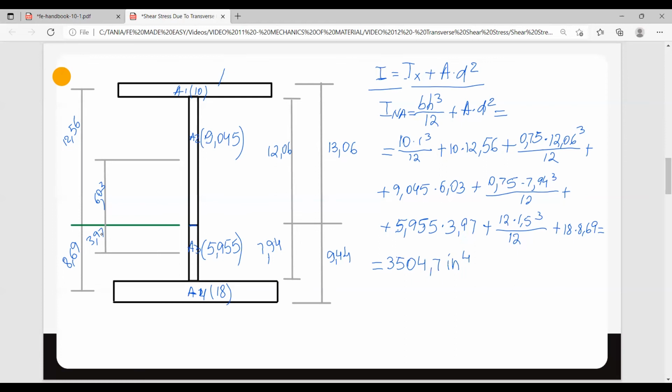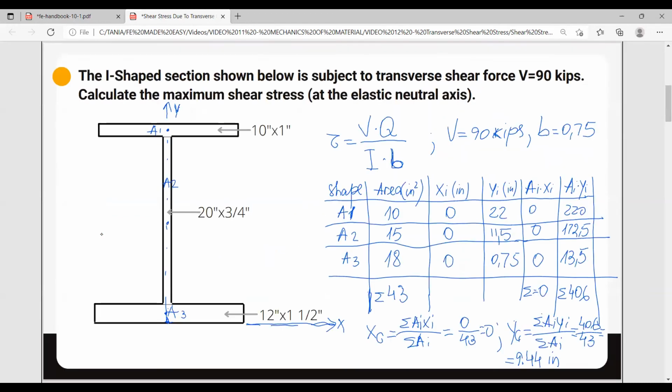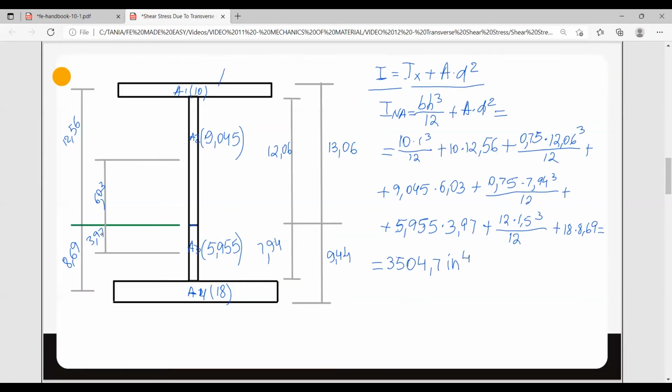Now, if we look at our formula, the next thing to calculate is the moment of area. So we know the moment of inertia equals 3504.7. I'm going to put inches here, we'll have inches to the 4th. Now let's go ahead and calculate the moment of area. Let me point out one thing.